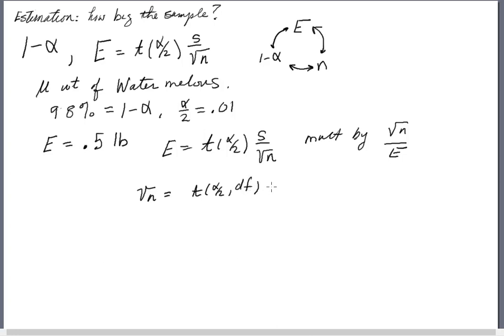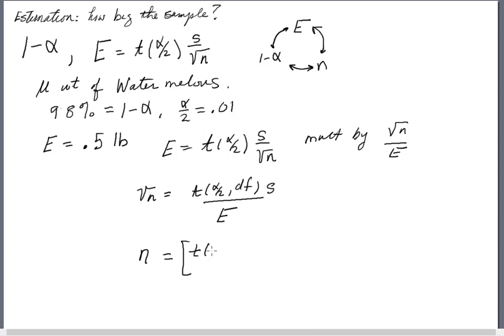I'm going to write it this time. And S, now when I multiply by square root of n over E, the square root of n's cancel out over here, but I'm left with in the denominator the value of E.